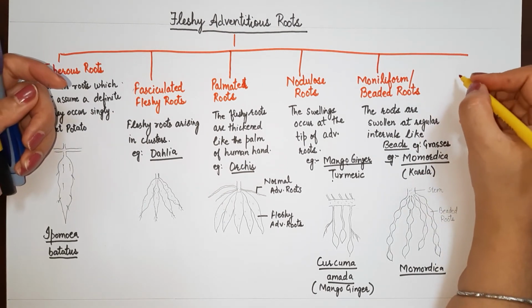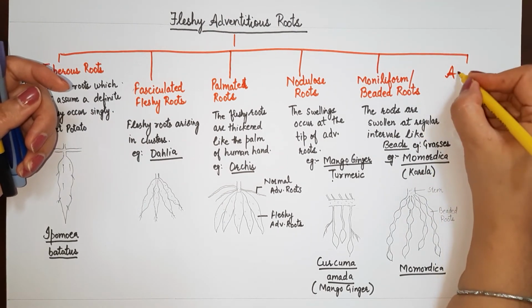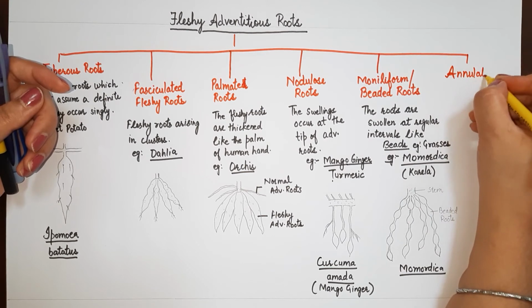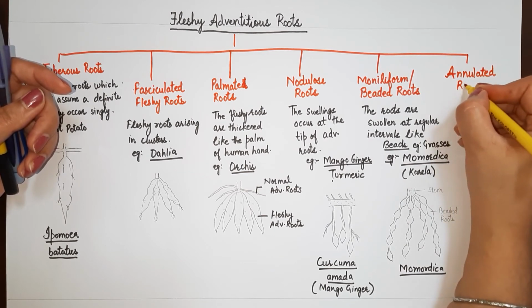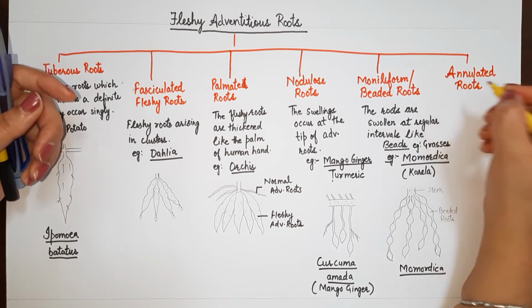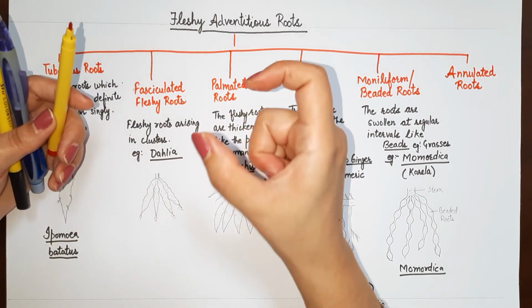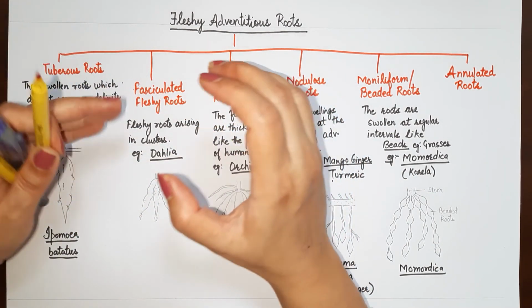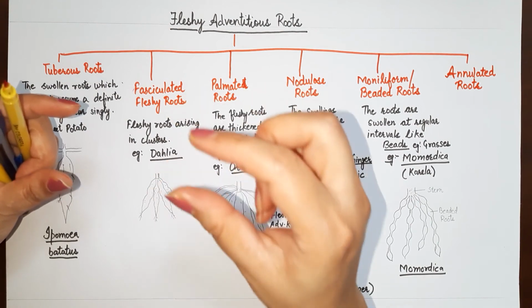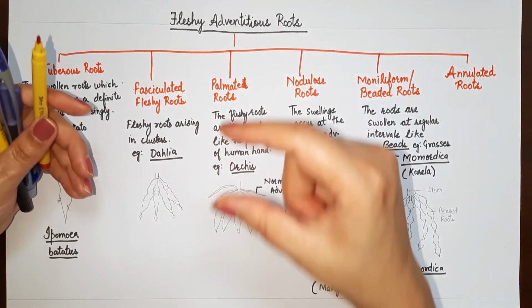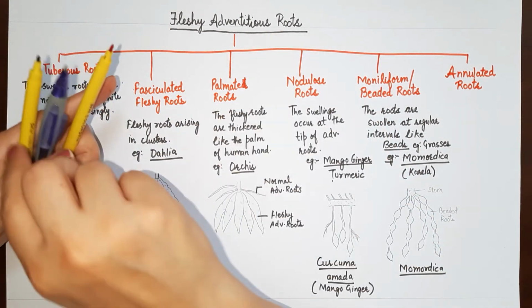Now the sixth category is annulated roots. So now the roots are not beaded, rather they have ring-like thickenings which are the swellings at regular interval. It's in a series, there is no gap, then we call it annulated root.